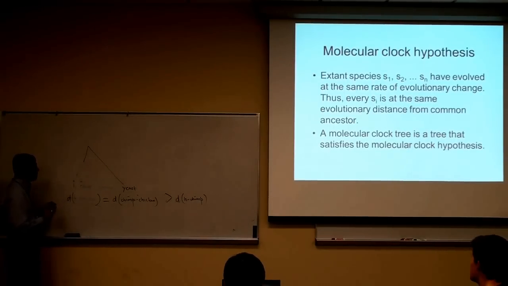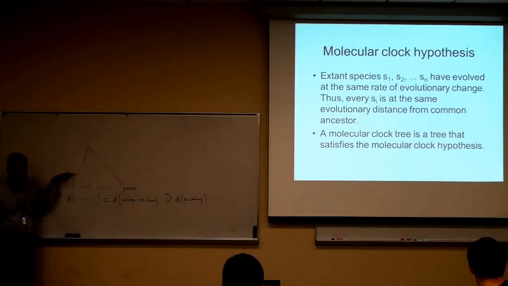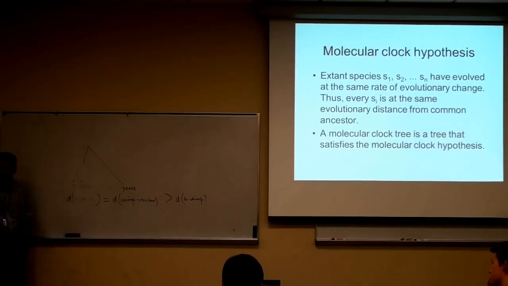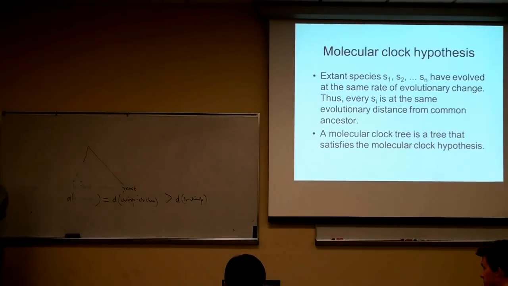You expect that whatever the common ancestor of human and chimp was, lived some years ago, 5 million years ago maybe, and then since then, this lineage has evolved for 5 million years, and so has this. Correct? So this branch length should be the same as this branch length, if these are time.